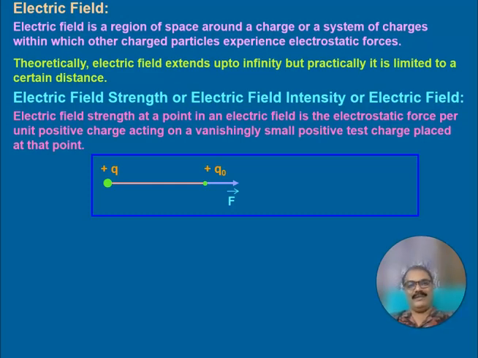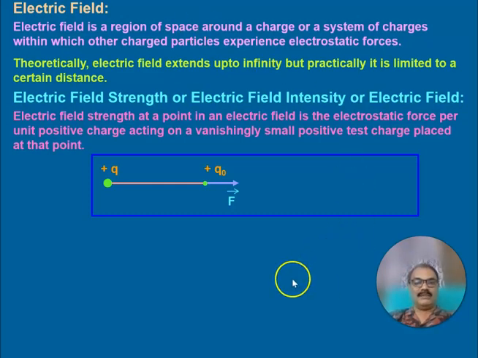Because of Newton, the great scientist who gave Newton's law of gravitational force. The same way here, when a charge is kept nearby, it will repel and move away. This force is acting on it. How much force is acting on this charge gives you the electric field.